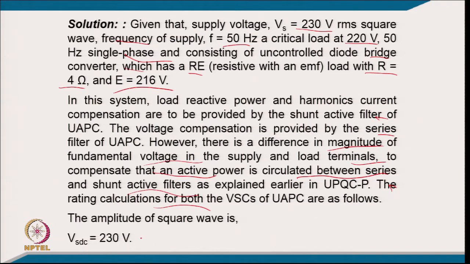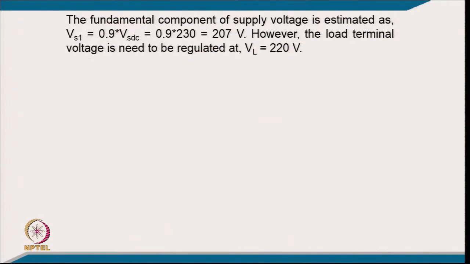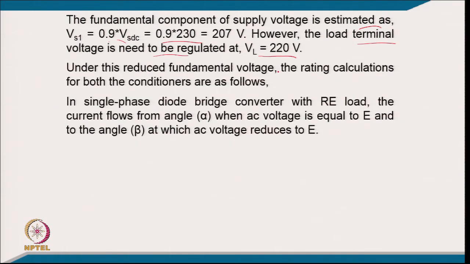The amplitude of the square wave is the same as the input DC, so it is 230 volt, and the fundamental supply voltage will be 2 root 2 by pi, that is 0.9 times Vs DC. So, it comes to about 207 volt. However, the load terminal voltage needs to be regulated to 220 volt. So, under this reduced fundamental voltage, the rating calculation for both the conditioners is as follows.